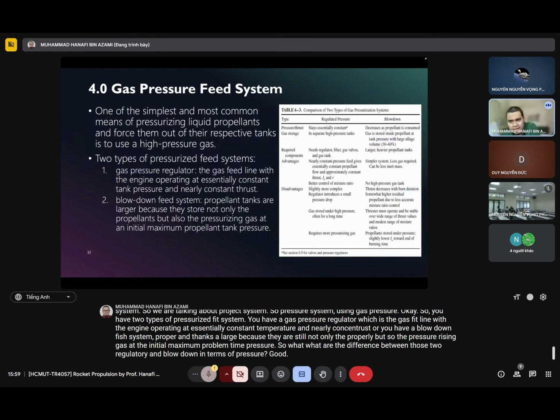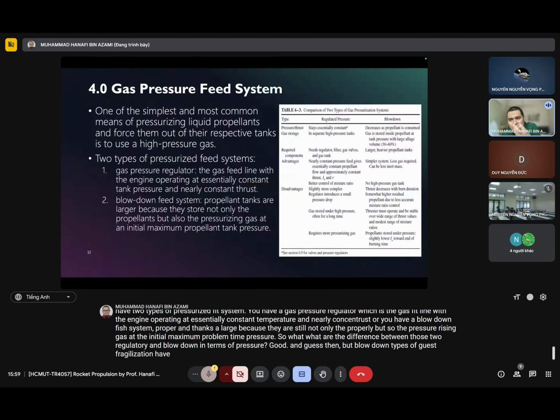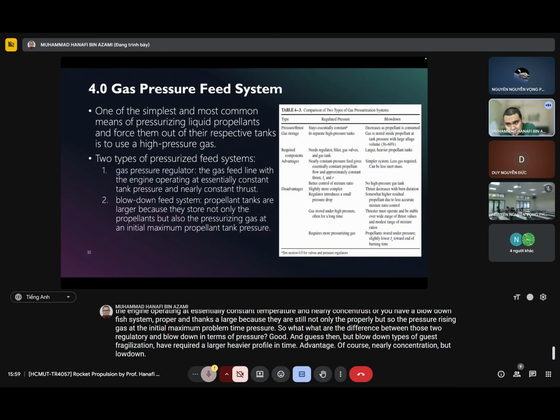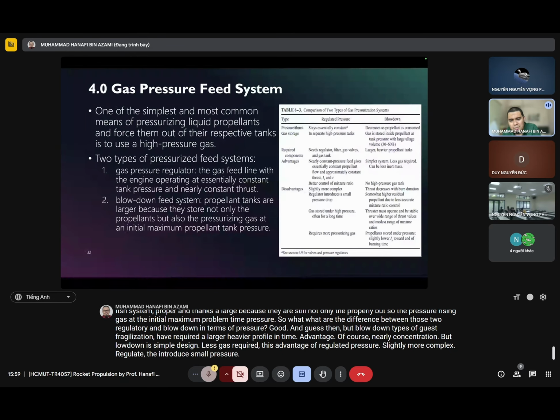Gas tank, but blow down types of gas pressurization require larger, heavier propellant tanks. Advantage of regulated, of course, is nearly constant pressure, but blow down is a simple design with less gas required. Disadvantage of regulated pressure, it is slightly more complex, and the regulator introduces a small pressure drop.